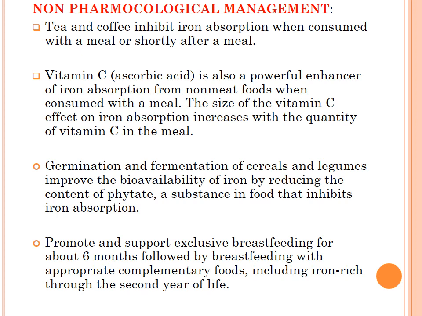Third, we promote germination and fermentation of cereals and legumes, क्योंकि उसकी वजह से क्या होता है, there is decreased content of phytate, that is a substance in food that inhibits iron absorption. Fourth, we promote exclusive breastfeeding for 6 months. After that we start the weaning process. What is weaning? Weaning is having breastfeeding and also complementary foods, including iron-rich foods, through the second year of life.